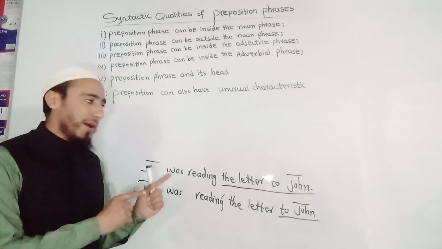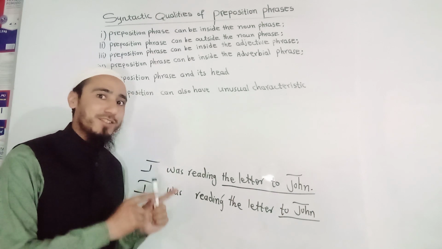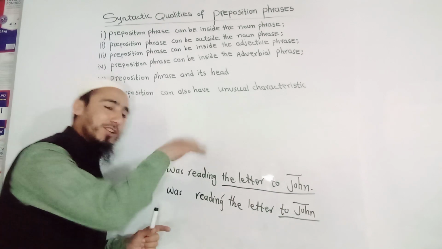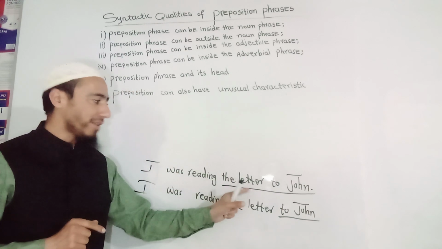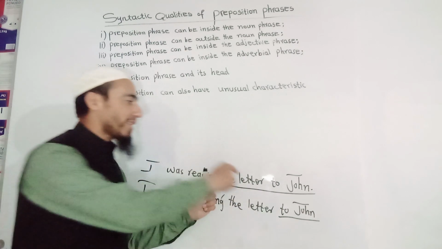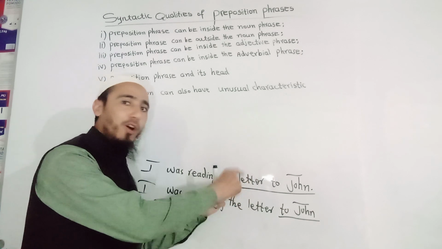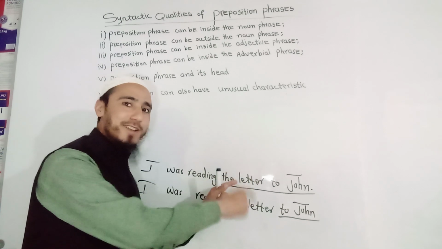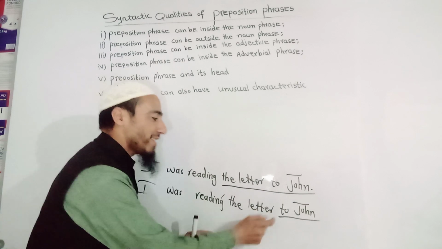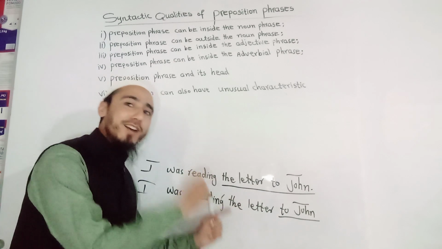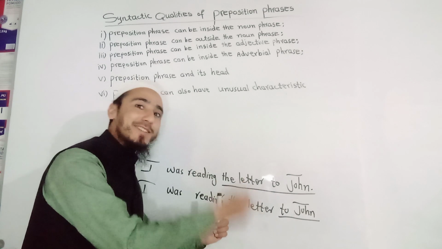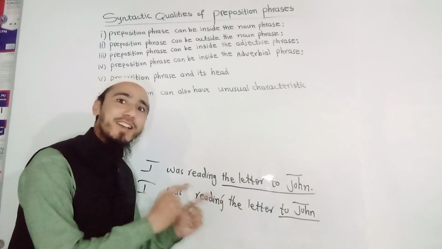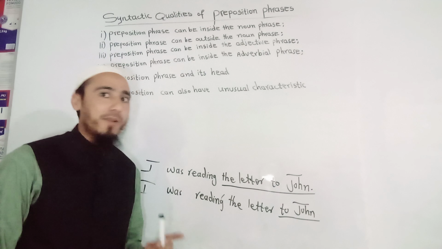So the tree diagram of this will also be different. For example, here I will take the string of the prepositional phrase after the noun phrase. But in this example, I will not take the string of the prepositional phrase after the noun phrase. I will take it from the verb phrase.